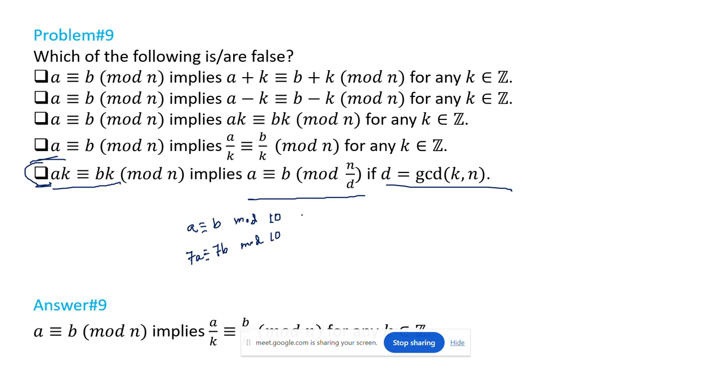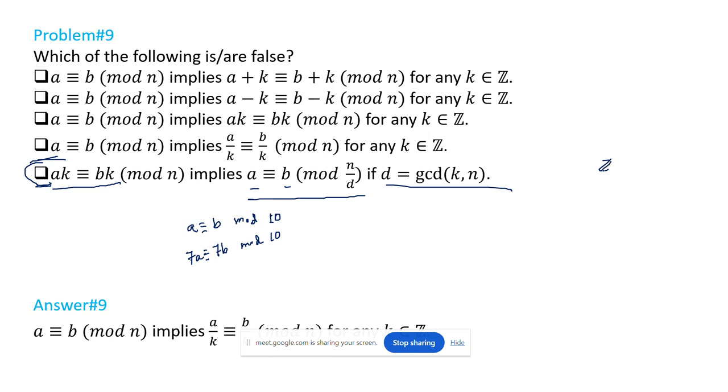If they are congruent modulo n by D, then they will be equal in a multiple of n by D also, but the least modulo you consider is n by D. There can be multiple solutions, you can always get different values of A, but a unique value you will get only in modulo n by D.